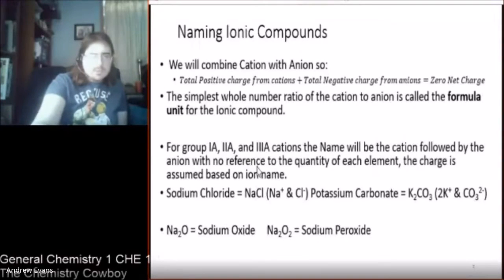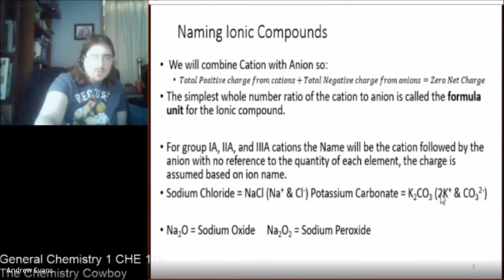So like sodium chloride, I know it's Na and Cl because Na is +1 and Cl is always -1. So we're going to combine one positive with one minus. One positive, one minus cancels out to give 0. If I say potassium carbonate, and we'll get to carbonate in a bit, carbonate is always 2 minus. So we're always going to have to add 2 potassiums to cancel out the 2 minus.